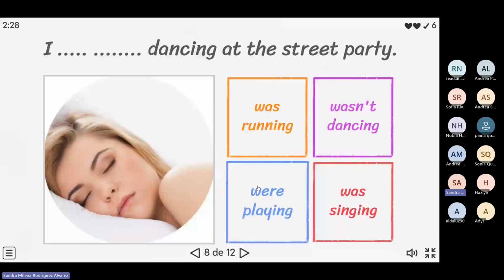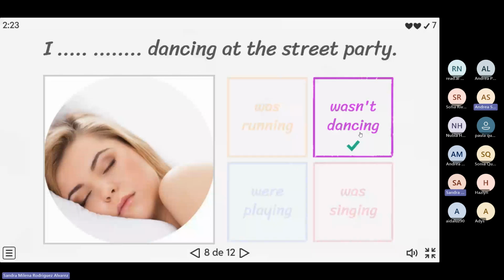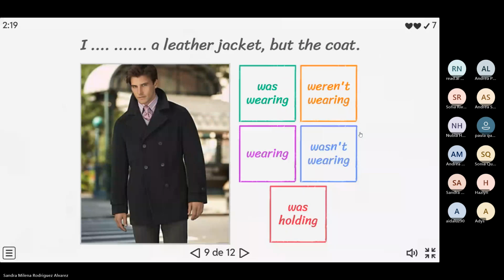Very good. The next one. I wasn't wearing a leather jacket, but a coat.